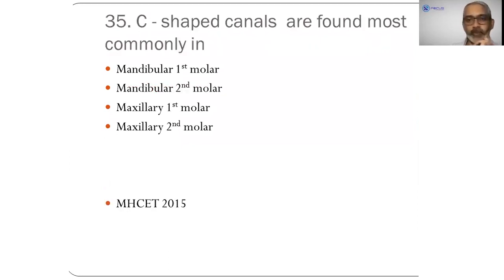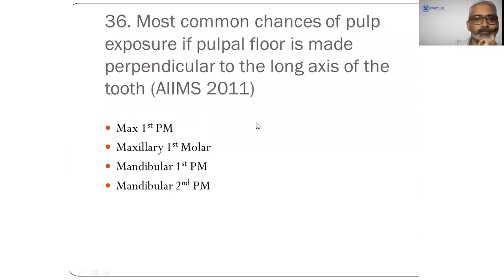C-shaped canals are found most commonly in mandibular second molar. This is an indirect question. You might get a pulp exposure in your class 1s and class 2s.